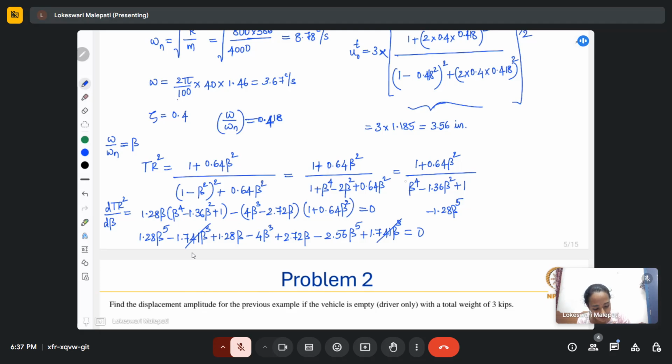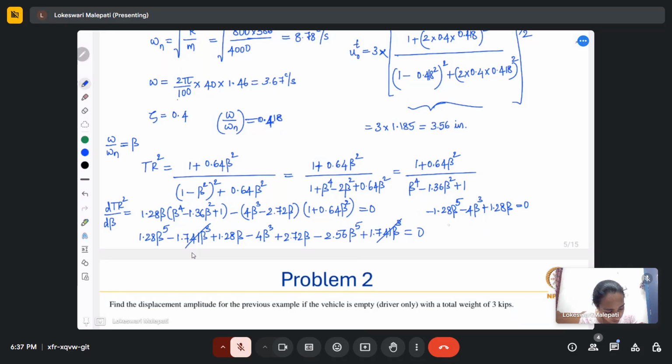So actually for this case there is no standard equation, so we do have to do this derivation. So minus 1.28 beta power 5 and minus 4 beta cube plus 1.28 beta is equal to 0. So we can take beta common.